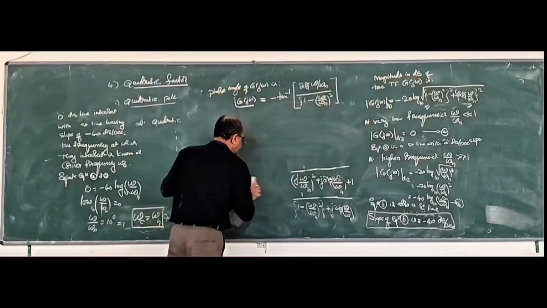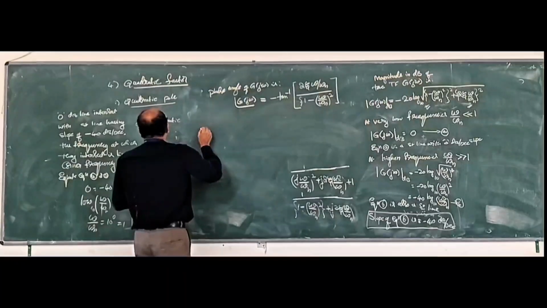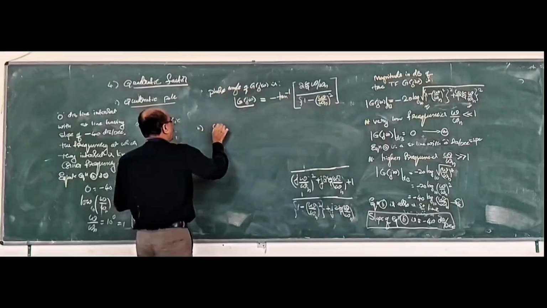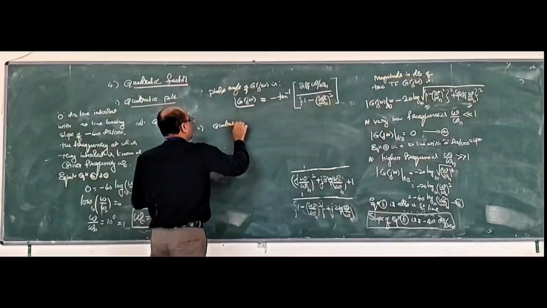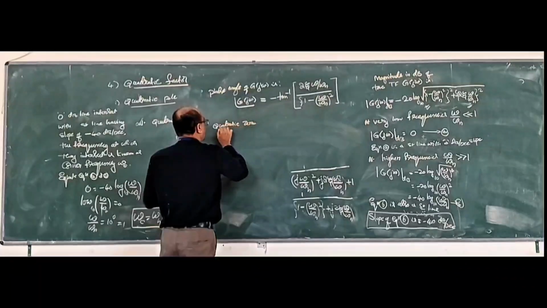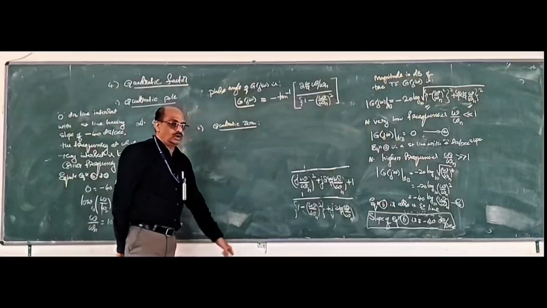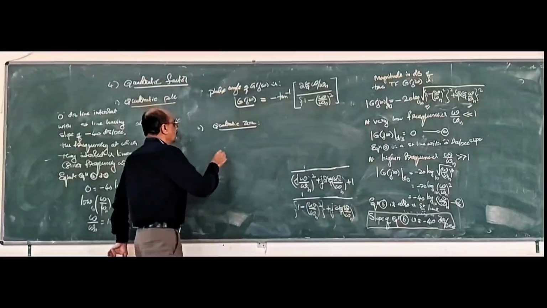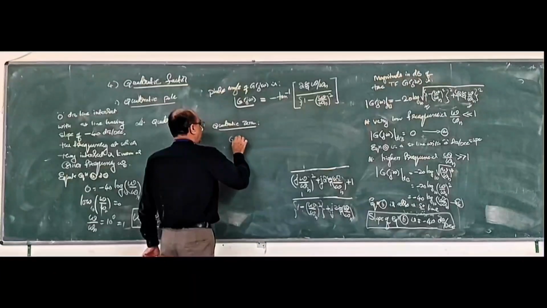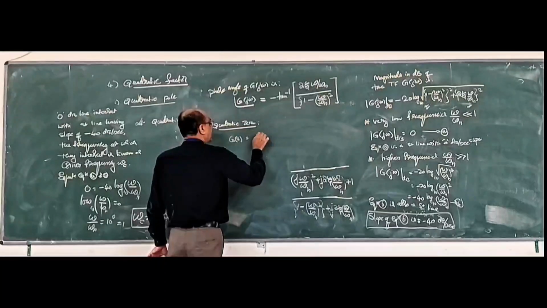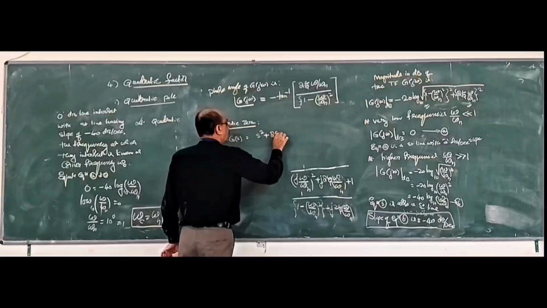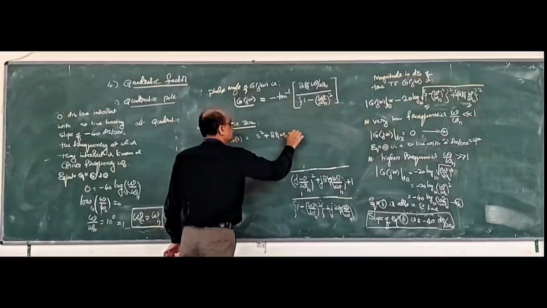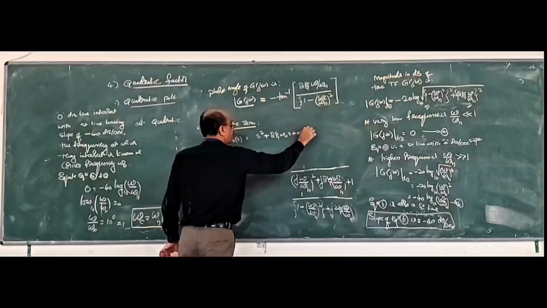Before the sketch, let me go for a quadratic 0. Similar to the quadratic pole, the quadratic 0 has the form s square plus 2 zeta omega n s plus omega n square.